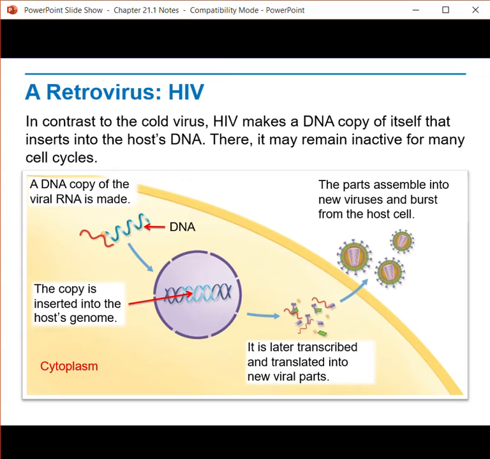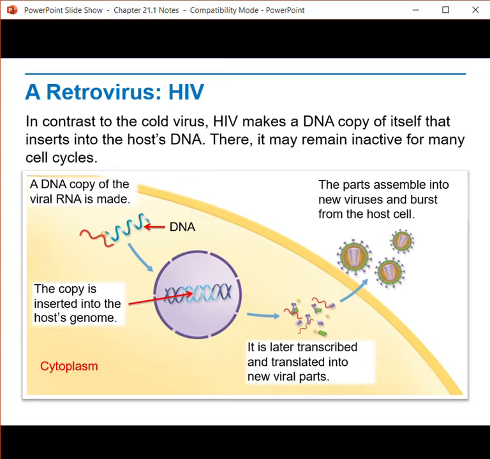On the slide for the code, you have the virus makes many copies of RNA. The copies are translated by the host into new viral parts. The parts assemble into new viruses and burst from the host cell. There's nothing in here that states that it's actually making a backwards path or process.